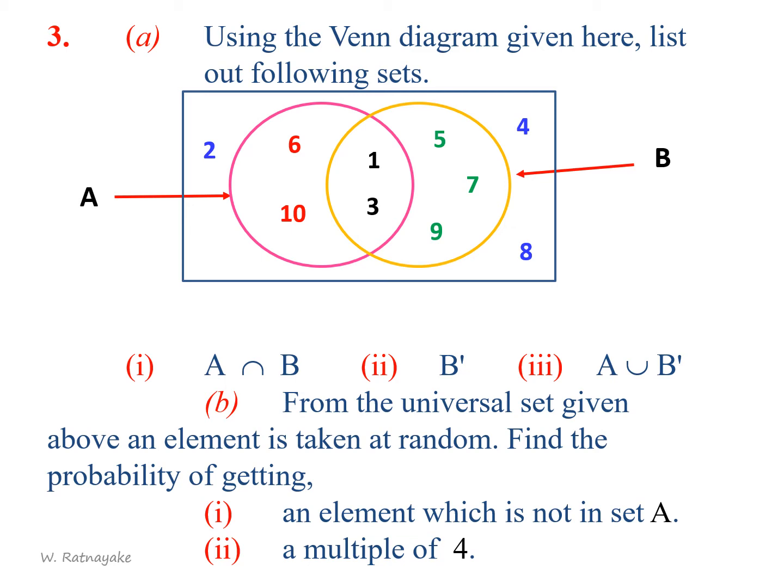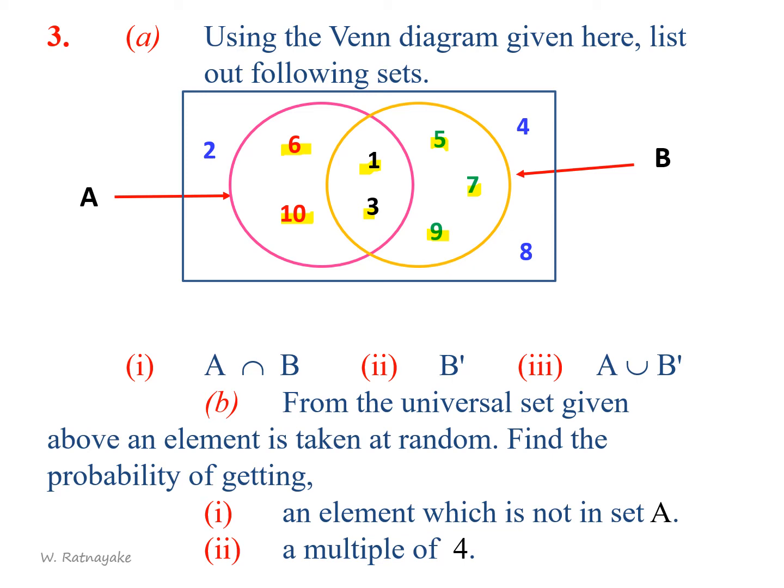The elements for the intersection part are 1 and 3, and in set A there are 4 elements, 1, 3, 6 and 10. In B there are 5 elements, 1, 3, 5, 7, 9, and the universal set has altogether 1, 2, 3, 4, 5, 6, 7, 8, 9 and 10. So this is very easy to answer the questions asked here.